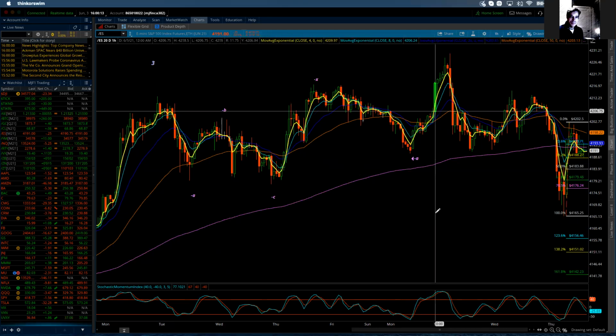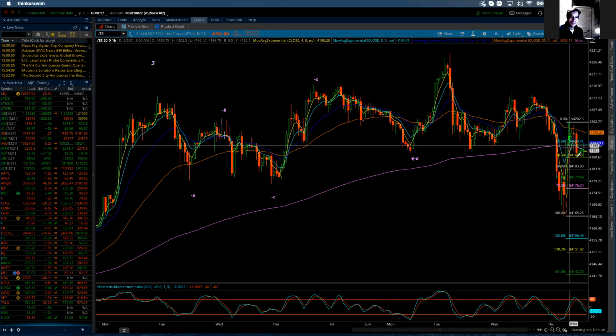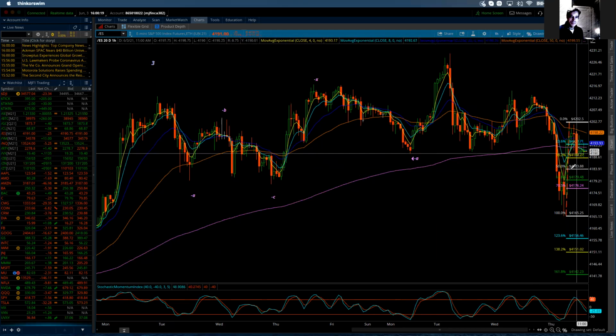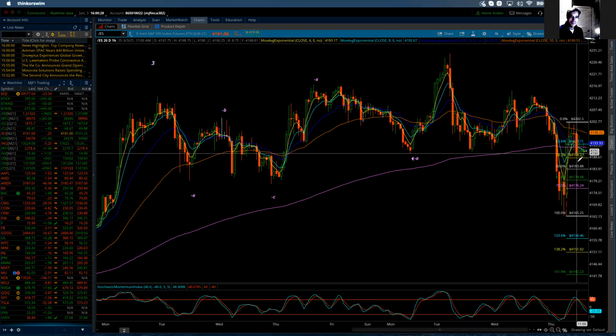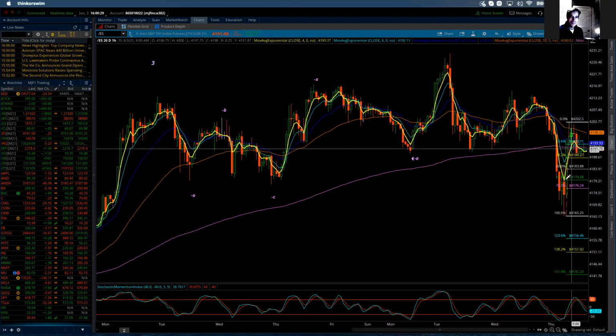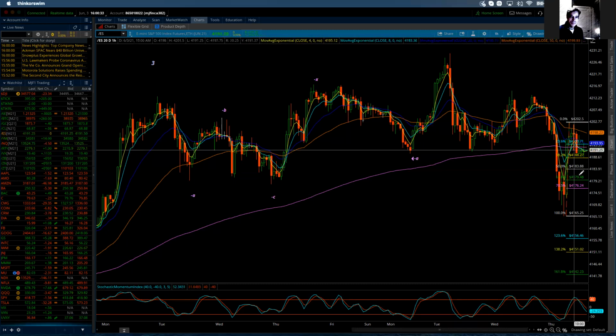Wave 2, if this indeed is a wave 2, has already come down to 382. The next most common is 0.50 of the first wave, and that's at 4184, we're going to call it. Can it come to 618? Absolutely, it certainly can, and that would not be unusual. That would be 4180-ish down to 79.